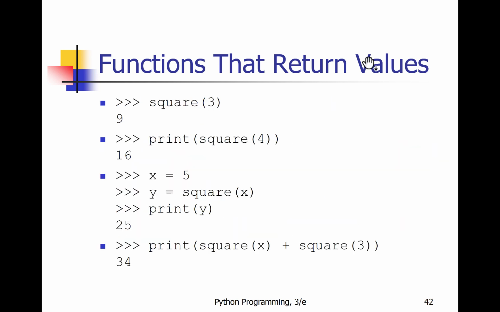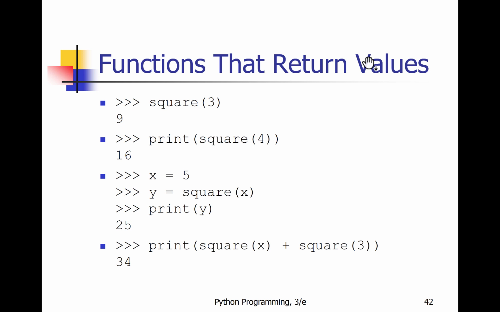Let's look at that. Assume that we've already entered the code for the function square, and we're working at the command line. We type in square and pass the int literal 3, and we get the answer back, 9. Or we can say print(square(4)), and it prints 16.